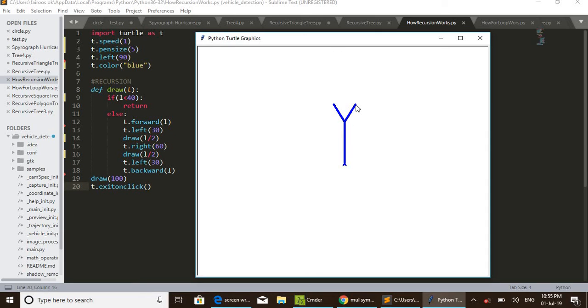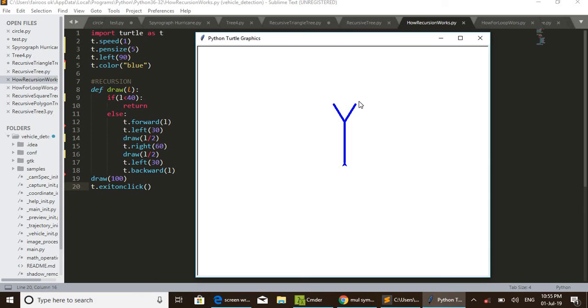After reaching there, it repeats the same thing that happened from this position. That is, it turns left and tries to go forward in this direction, but it is only 25 units, which is less than 40, so it returns, and again tries to go forward in this direction, but 25 is less than 40, so it will not move forward in this direction.